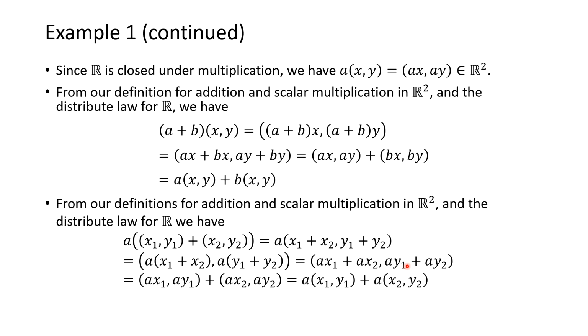We get this here. Then we use the definition of vector addition to just break this into two vectors. And then we use the definition of scalar multiplication times a vector to pull the a out of this term and the a out of this term. And as you can see, we have the property a times the sum of two vectors is a times the first vector plus a times the second vector.